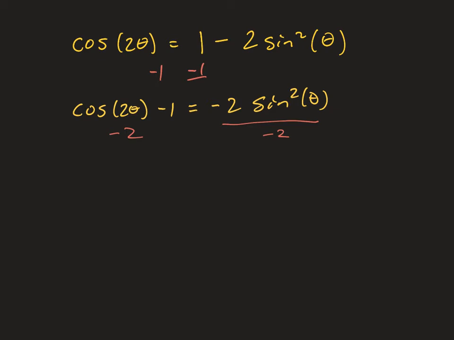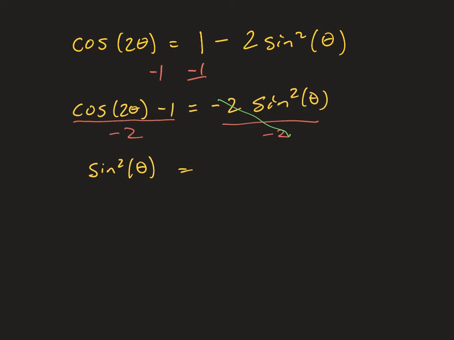So the first thing, keep in mind, I'm going to do a little switcheroo here like I did on the other slide. When we cancel these 2's, I'm just going to write the sine squared of theta over here, because this is the thing I'm solving for, and we like to have that on the left typically. When I divide cosine 2 theta minus 1 by negative 2, I want to end up with a positive 2 in the bottom of this fraction.